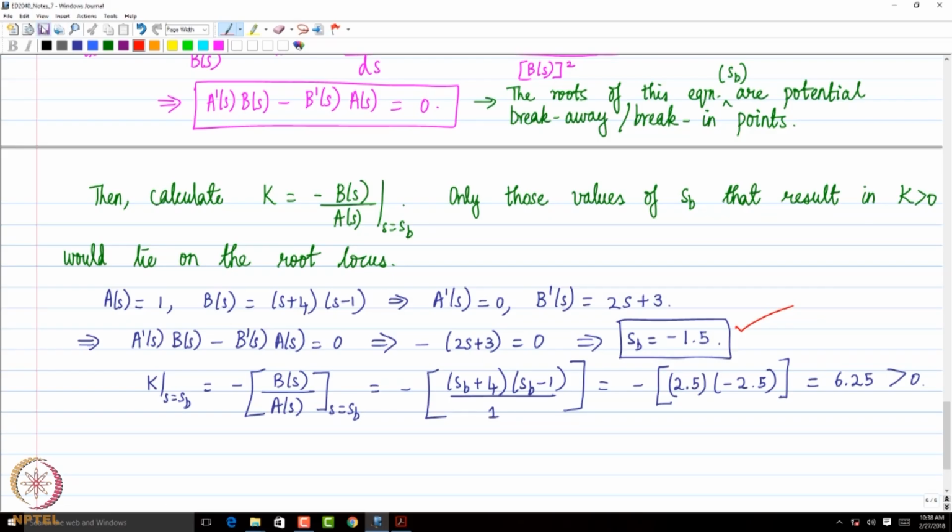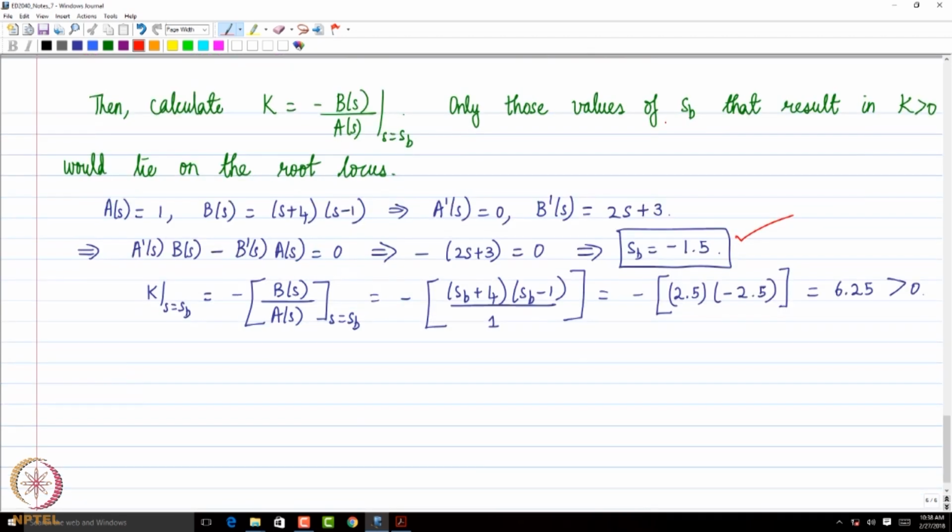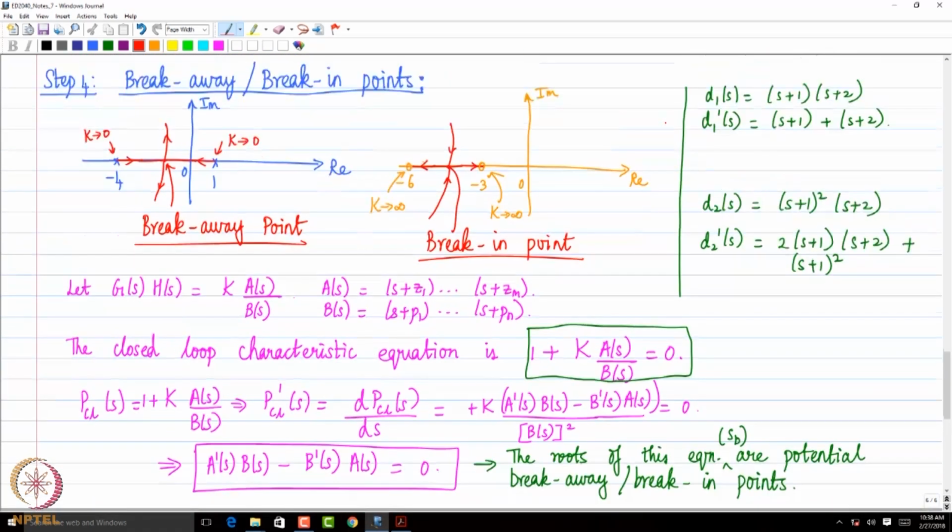Yes, please. How do we determine this is a breakaway point? Why did I say this is a breakaway point? Because you see that in this particular example there are two branches which are coming towards each other, because I know that minus 4 and 1 are two open loop poles, right. So, I know that each branch of the root locus is going to start from an open loop pole, they are going to come towards each other and then they are going to break away.